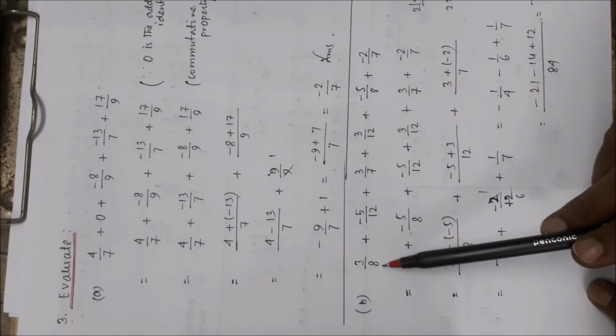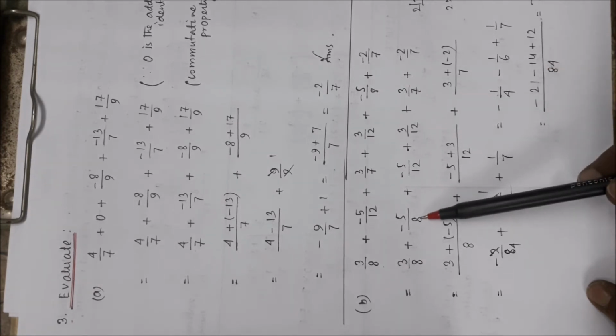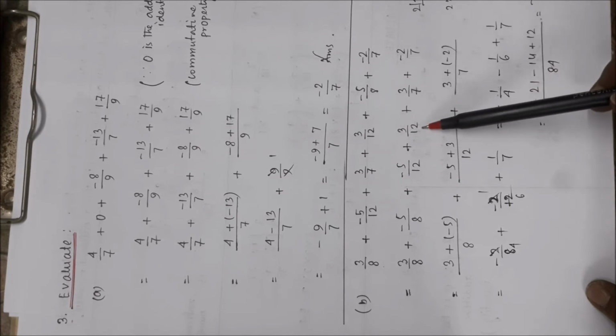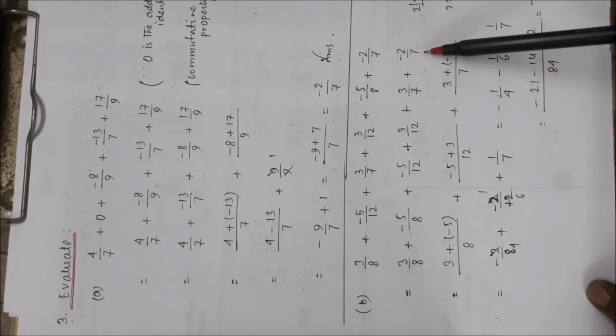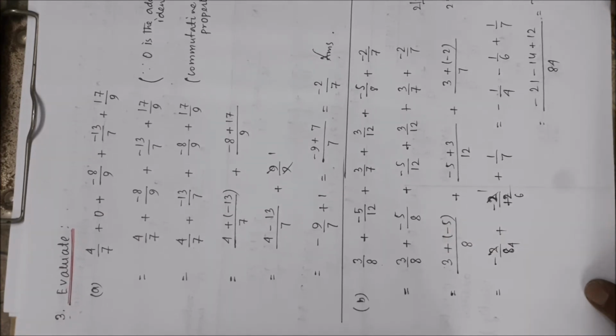So I am keeping 3 by 8 and minus 5 by 8 together, minus 5 by 12 and 3 by 12 together, and 3 by 7 and minus 2 by 7 together. When the denominators are the same, it will be easy for our calculation.